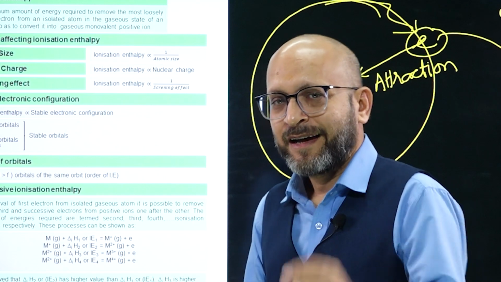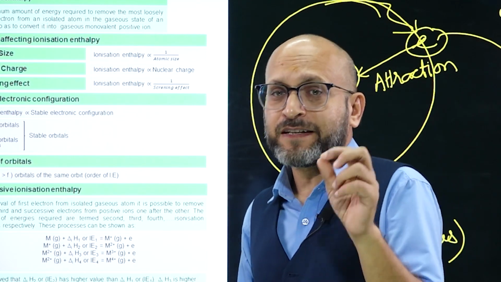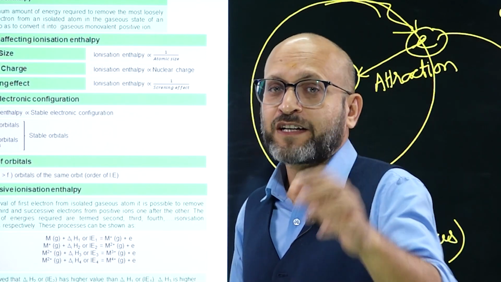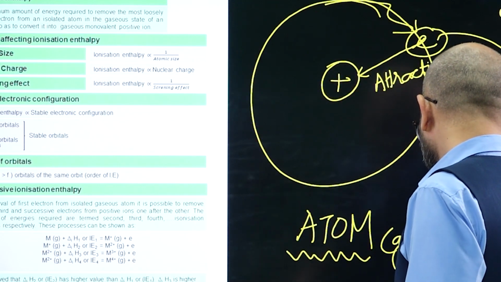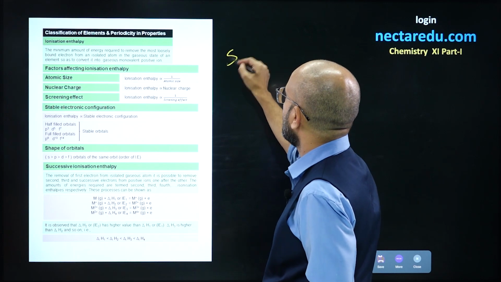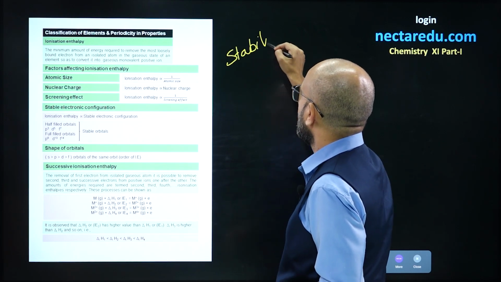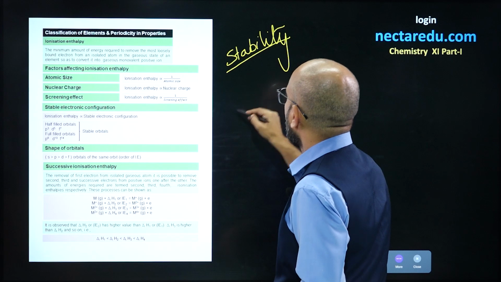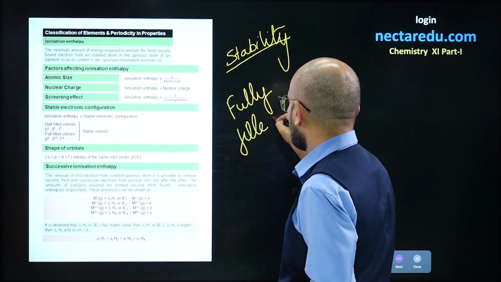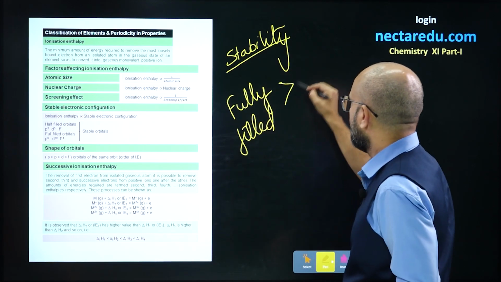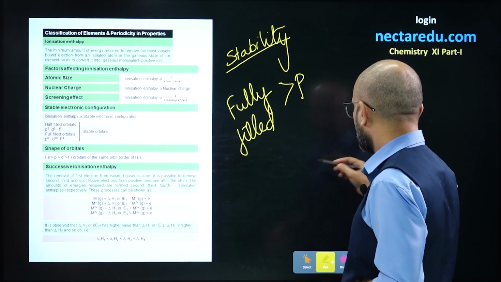Ionization enthalpy also depends on the stability of the configuration. And what is that? Let's see. Stability of configuration: fully filled subshell is more stable. Fully filled, then half filled.